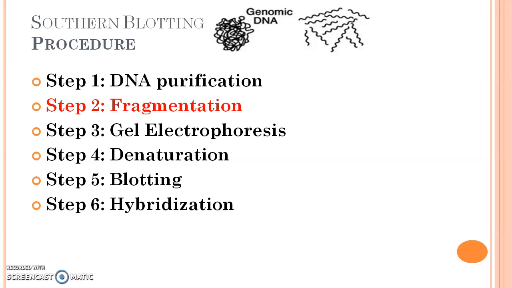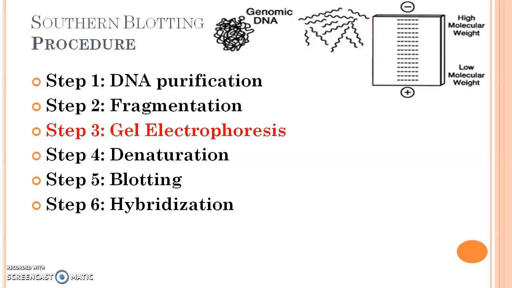The fragmentation will consist of applying the specific restriction endonuclease enzymes onto the DNA so that the long DNA can be fragmented into small stretches of DNA. Then these are subjected to the process known as electrophoresis, and they can be separated as per their molecular weight.